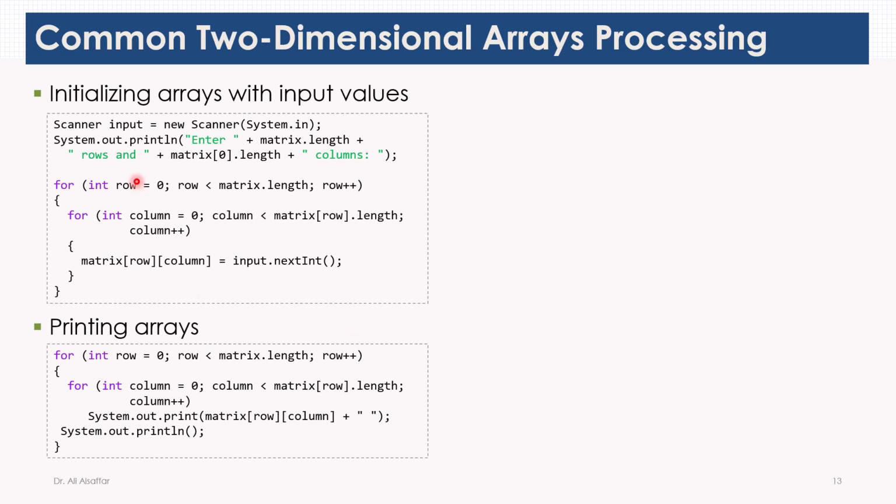Like initializing arrays, printing arrays is the same. So inside the inner loop, you print the index variable that is referenced by row and column. And see that the row index variable is the variable for the outer loop. The outer loop is responsible for number of rows, and the inner loop is responsible for number of columns.